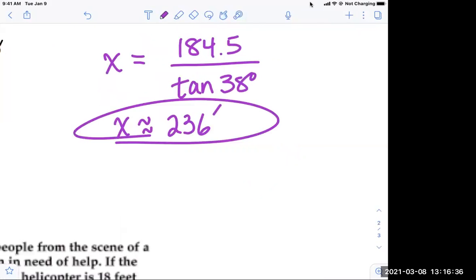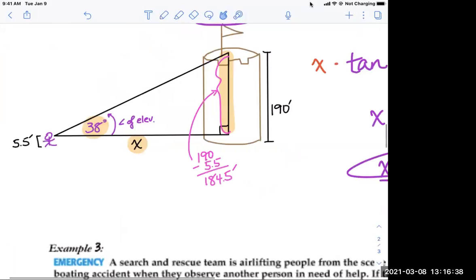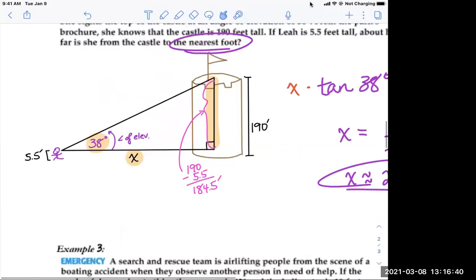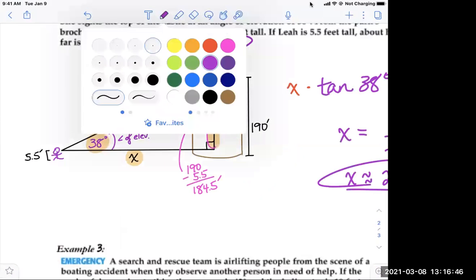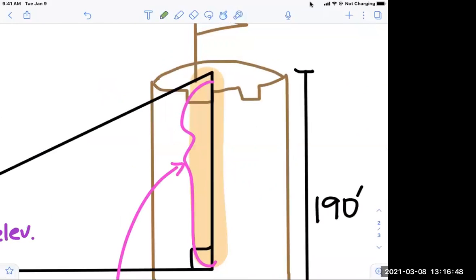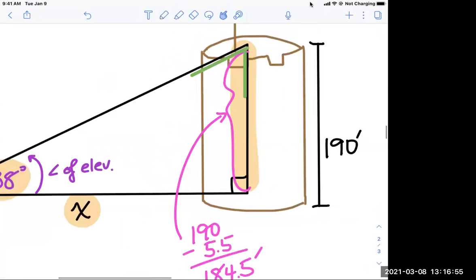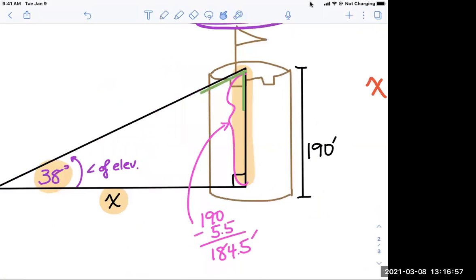Okay, now I just want to talk about something that you may have noticed or may not have noticed. What would be the angle measure of the angle up here? 52. Why, Riley?